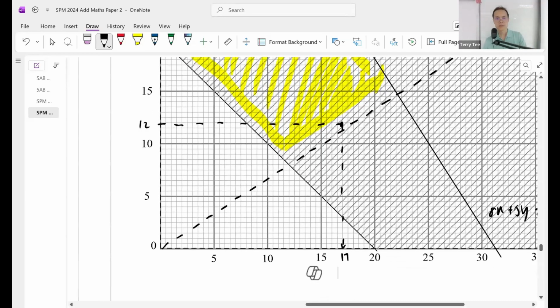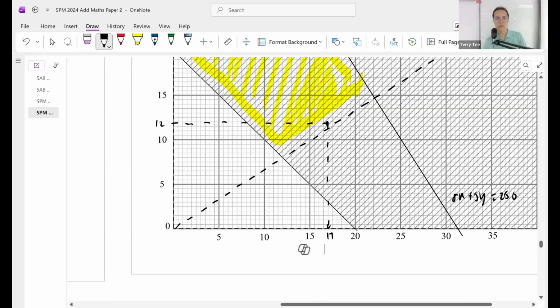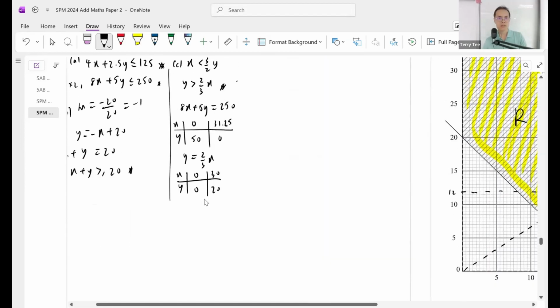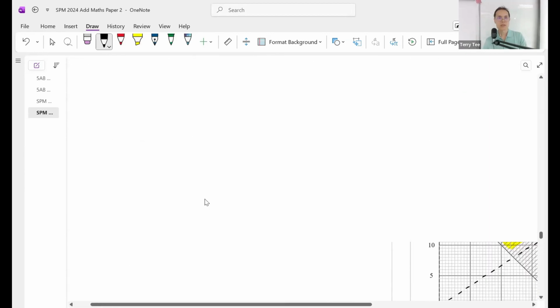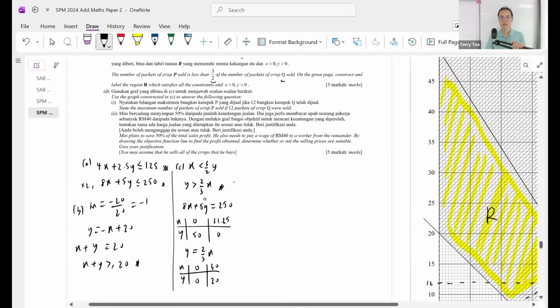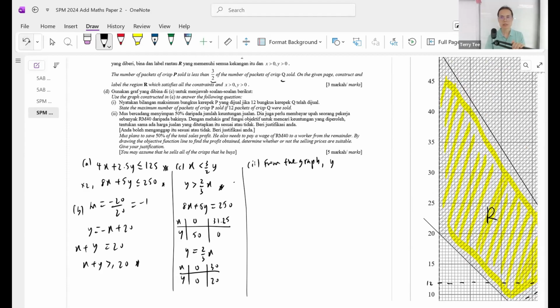It's not 18. Okay, so let's move back to here. All right. So from the graph, your x maximum is 17.